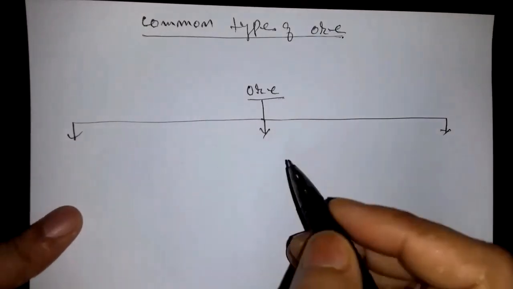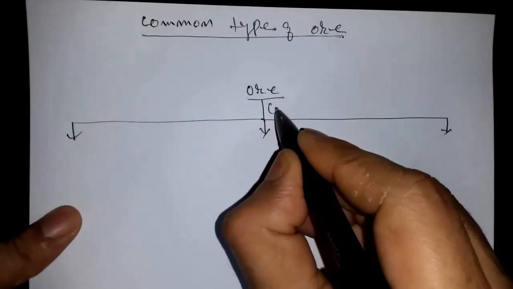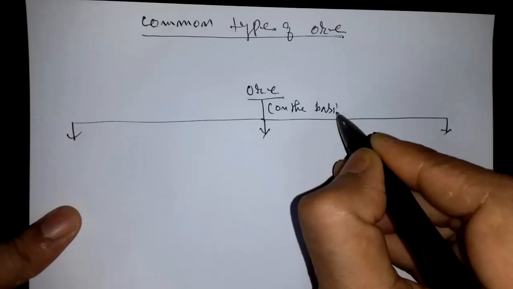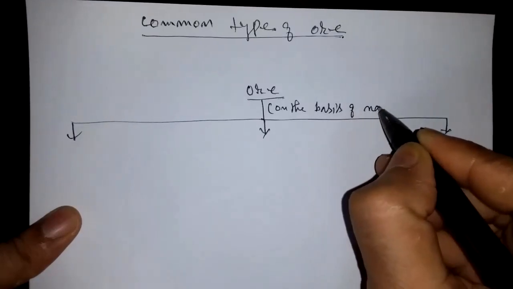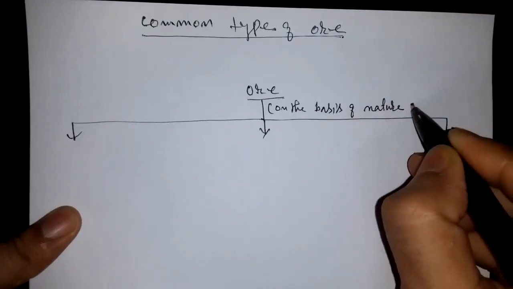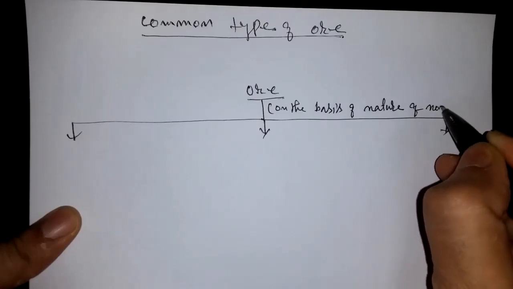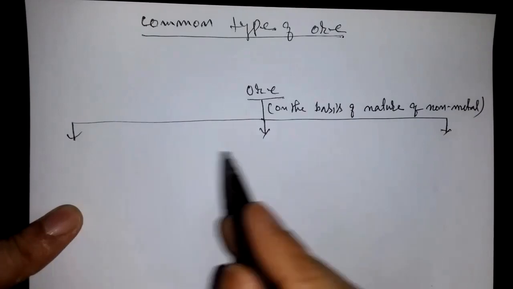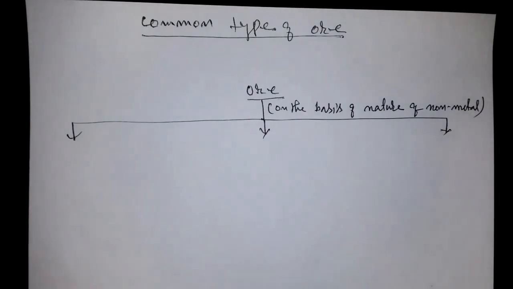Okay, so this classification of ore is given on the basis of the nature of non-metal. For the different types of ore, to give the name you have to check in the ore who is the non-metal, that means who is the other friend combined with the metal.